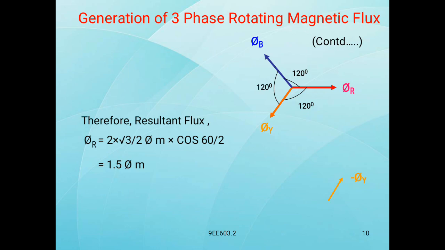Now here this is minus φy and another one is φb, and these resultants give the φr. That is the vector diagram of the rotating magnetic flux.